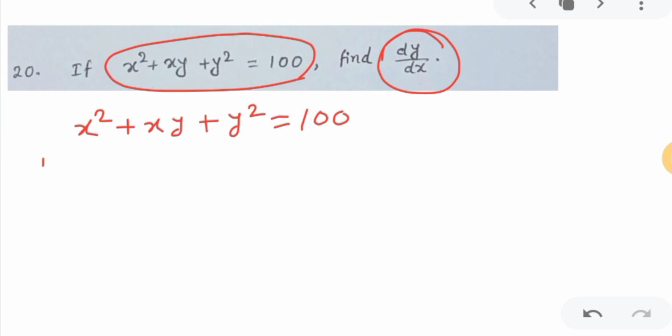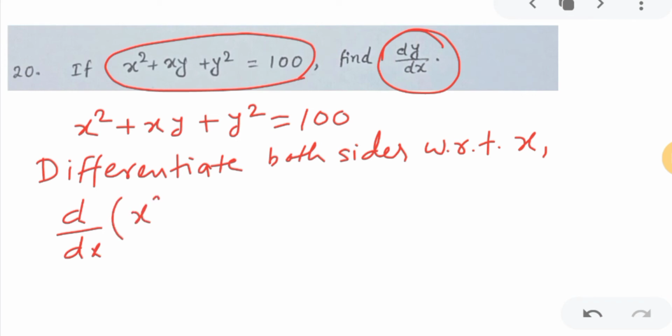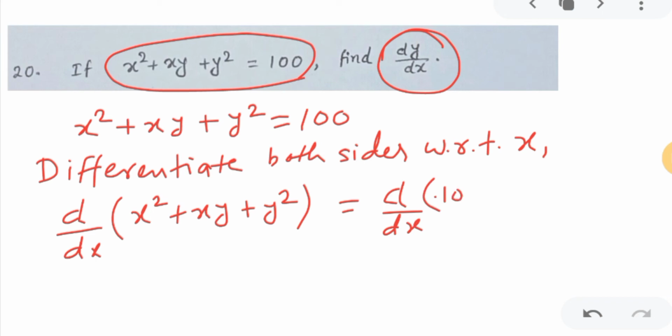So if I differentiate both sides with respect to x, then the derivative with respect to x of the left side, x square plus xy plus y square, and the right side, the derivative with respect to x of 100, correct.